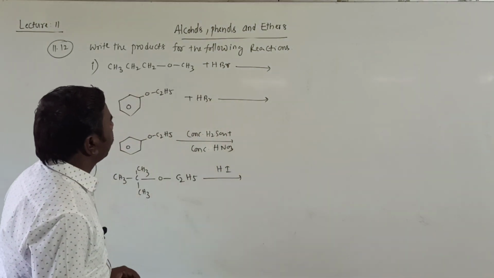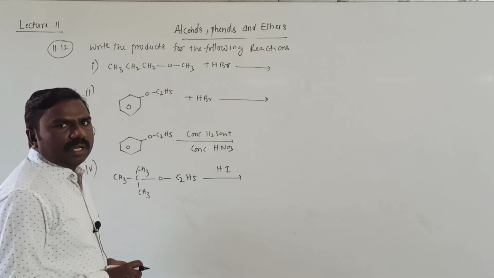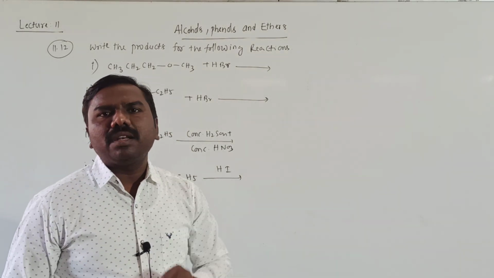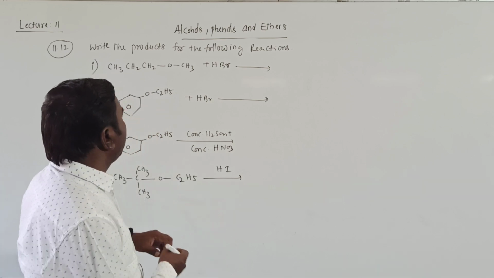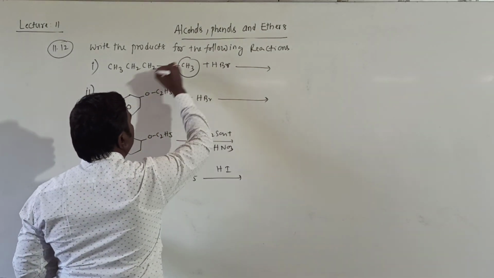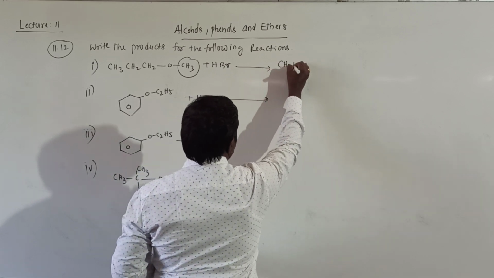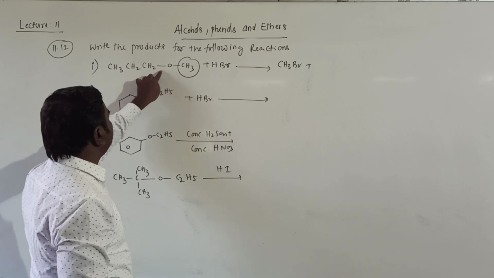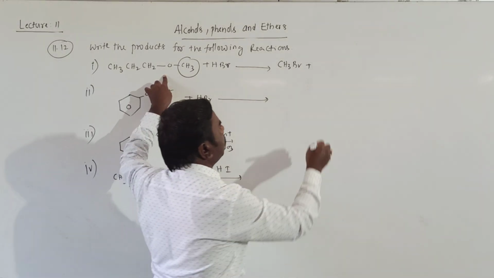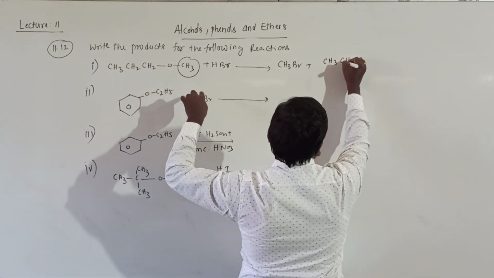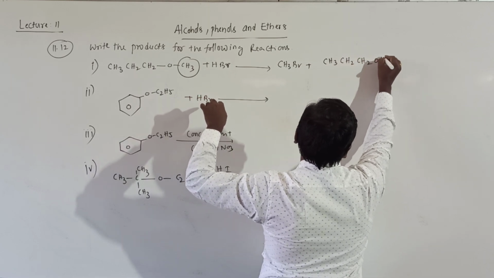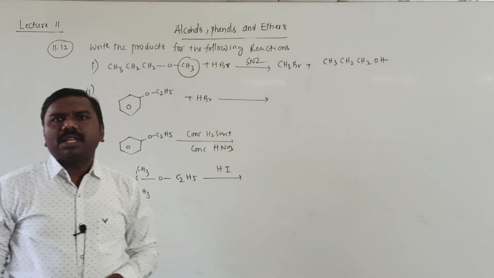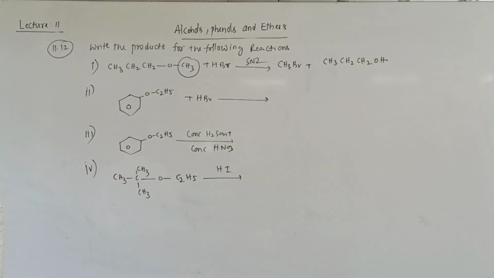For the first one, with HBr, it is just like the HI reaction. The Br- nucleophile will be added to the smaller alkyl group, forming CH3Br, and the H is added to oxygen, to which the large alkyl group is attached, so we get CH3CH2OH. This is by the SN2 reaction. In the last video we discussed the SN2 reaction with students.